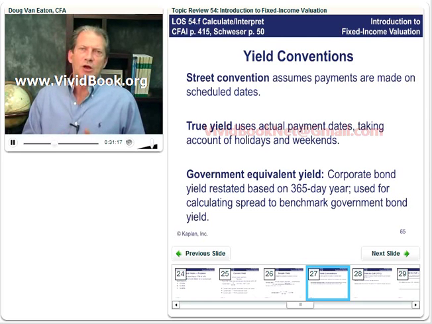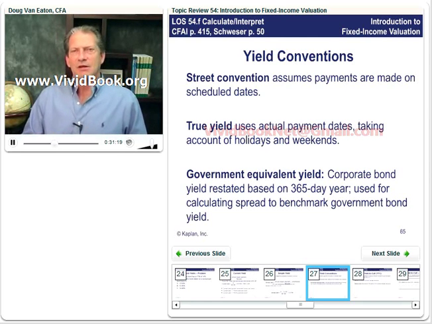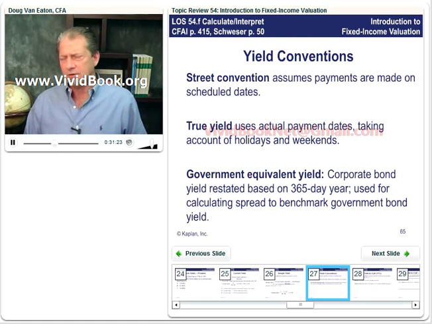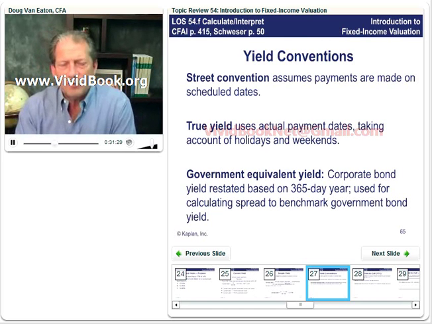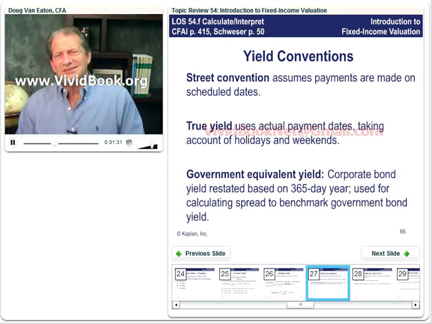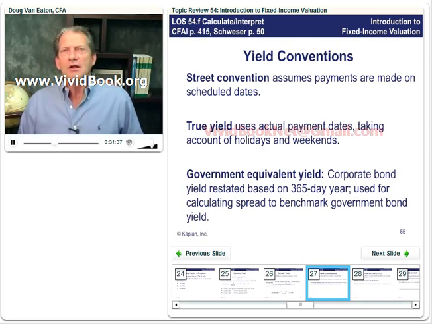If it's scheduled on a holiday, it's going to come the day after the holiday. And so the true yield, since the payments are never moved toward you but possibly moved out, is going to be a little lower than the street convention yield.